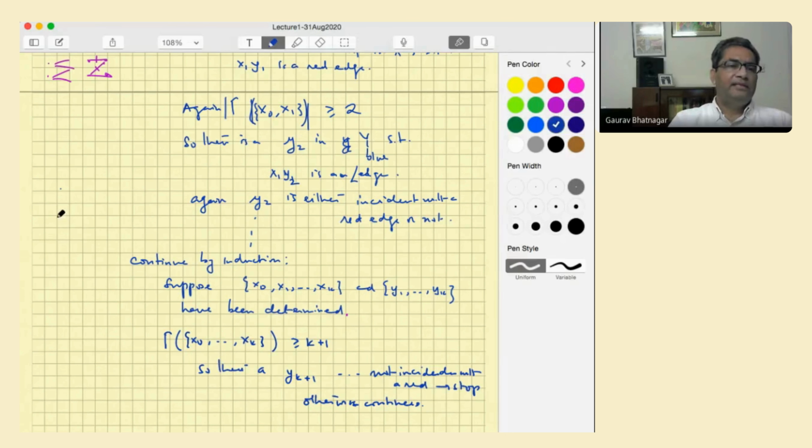Okay, let's start with x0 here. Then we get a y1 here. Then we get a red path here, let's say x1. And then you say that there is a blue path, there's a y2 here, right? And then let's say there is a red path x1, x2 here, and then there is a blue path, right?